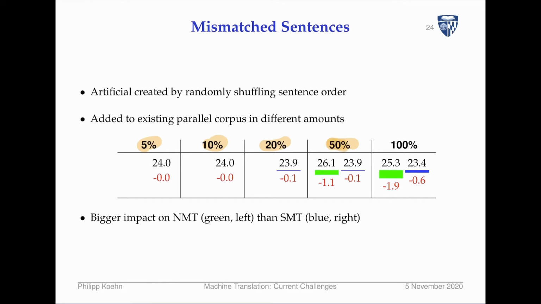So here, when we add 50% of sentence pairs where source and target are shuffled, it really still has absolutely no impact on the statistical machine translation system, but the neural machine translation system gets significantly harmed. If we add as many misaligned sentences as there are clean sentences, it starts to hurt the statistical system a little bit, but not nearly as much as it hurt the neural machine translation system. So having misaligned sentences in your parallel corpus is definitely harmful for neural machine translation model training.